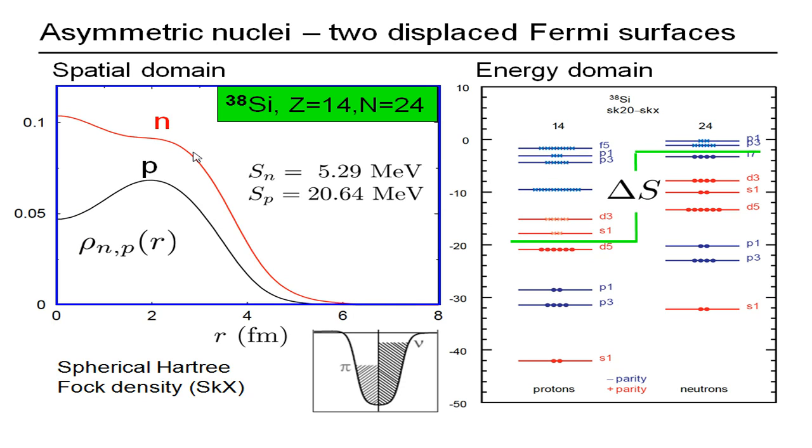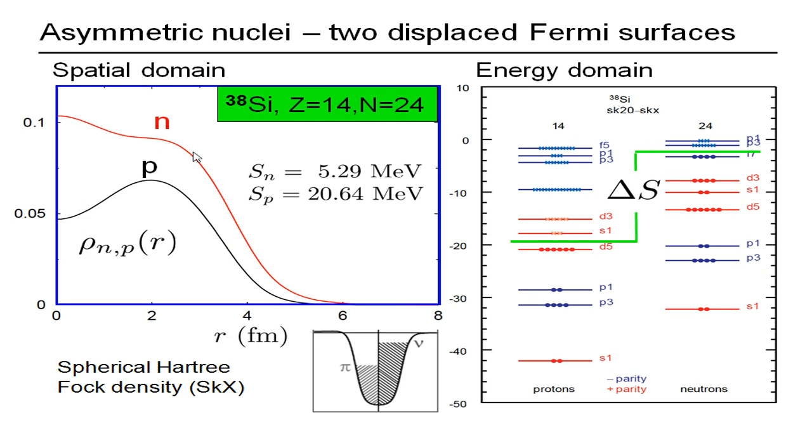You've got DENS, right? DENS does a Hartree-Fock calculation for you. And if you haven't got a clue about silicon-38, which I don't, the first step for me is to say, what does the Hartree-Fock tell me? What does the mean field tell me this nucleus with 24 neutrons and 14 protons looks like? Okay? So running DENS, I can go away and calculate the neutron and proton densities.